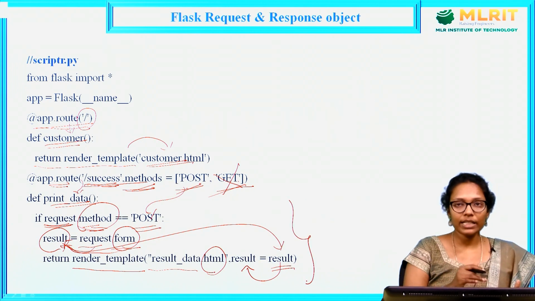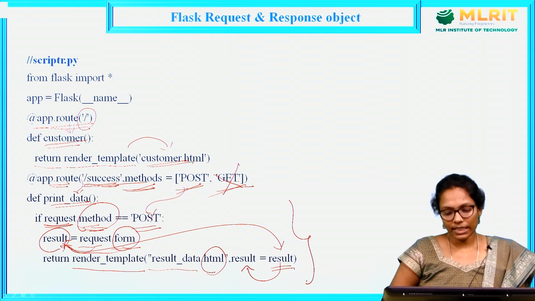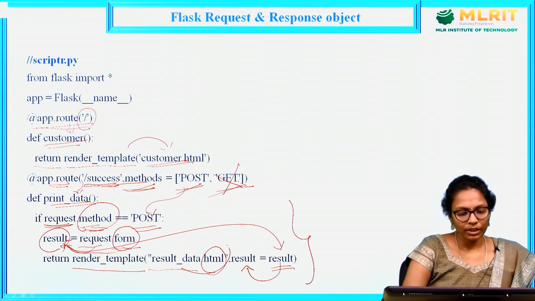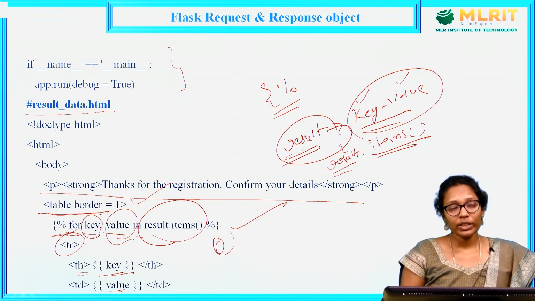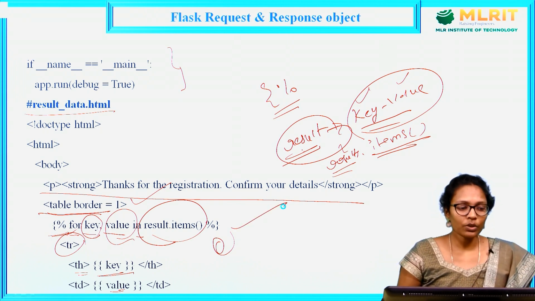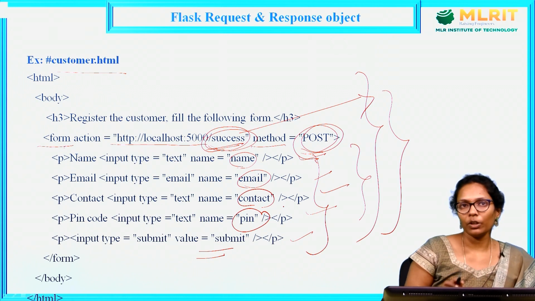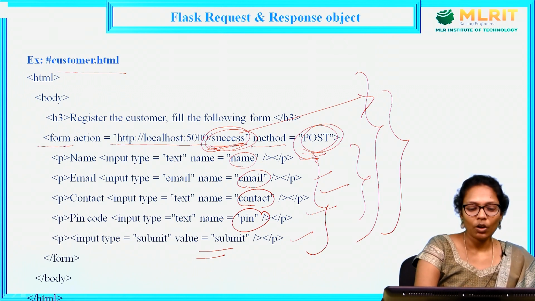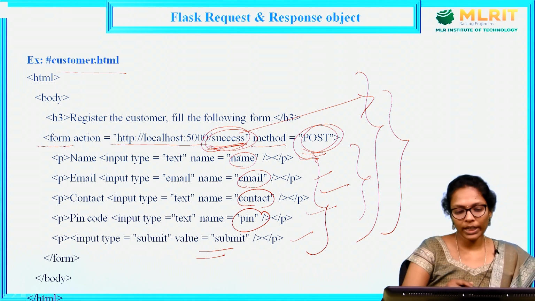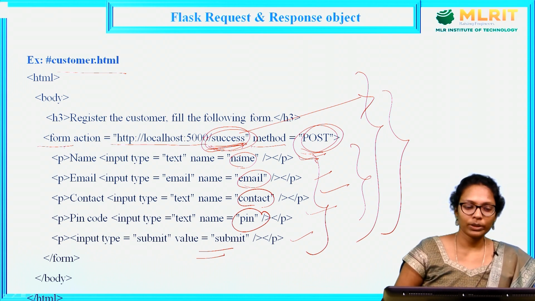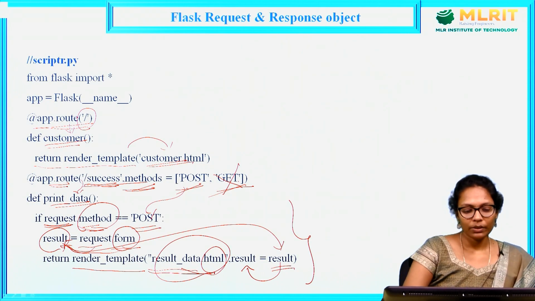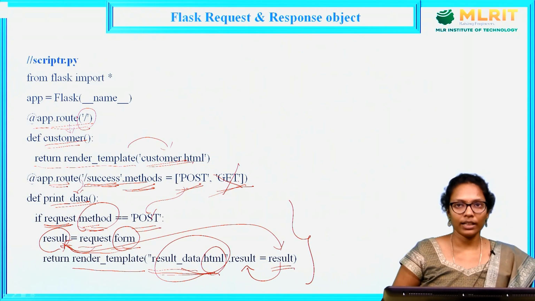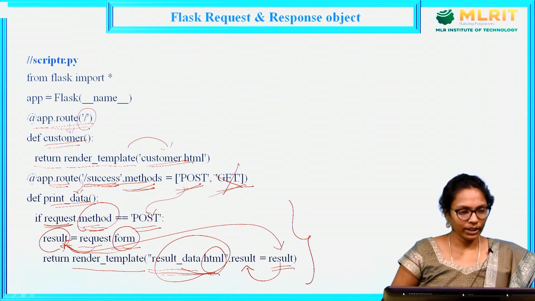It is taking the data from the form and sending it to result_data.html to display the data. Of these 3 files, which file do I need to execute? Obviously the front end, customer.html. What will this customer.html do? Upon entering all these details and clicking the button, it will call this success URL. This Python file will display the data in this other external HTML file.